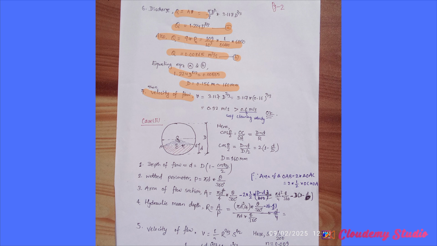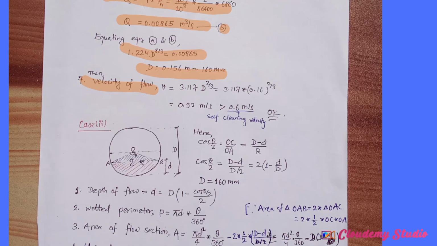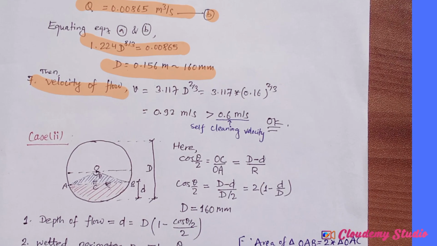The diameter comes to be 0.156. Suppose we take it as 160 mm, then velocity V equals 3.117 times 0.16 to the power 2 by 3, that is 0.92 meter per second.